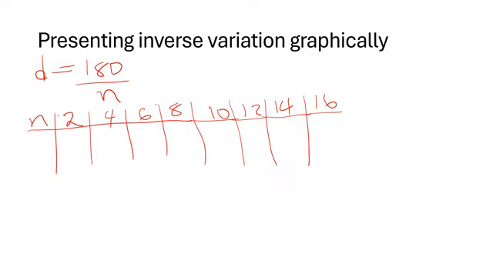Now let's see the number of days. If men are 2, our number of days will be 90 days to complete the work. If men are 4, it will take us 45 days to complete the work.